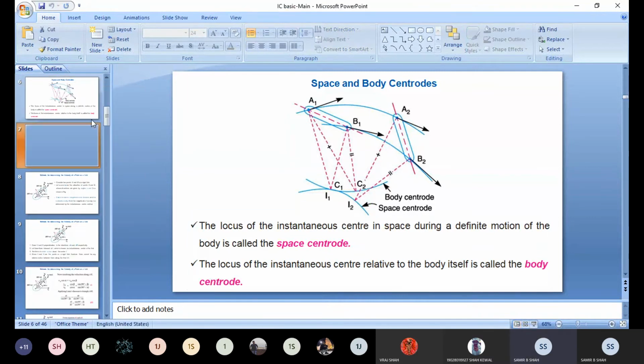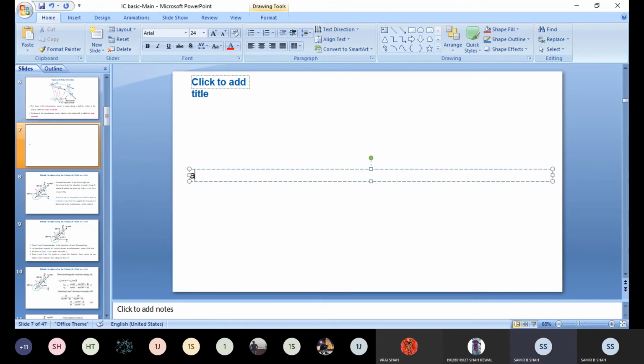I just add here that A1 C2 is equal to A2 I2 and B1 C2 is equal to B2 I2.